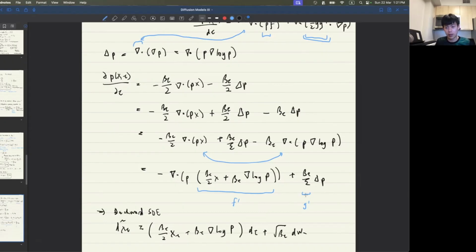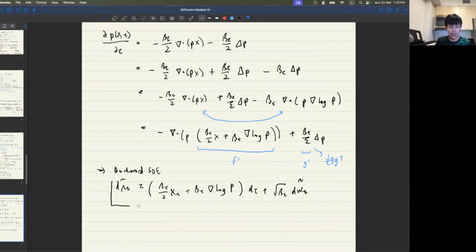Note that this term beta t over 2 is actually half g transpose. In particular, this g is the same as in our forward diffusion equation because we made it a square root beta t dw_t. I also just want to note here that this W_t is a different stochastic process than what we use to simulate the forward diffusion process. So I'm going to write it as W_t tilde. That's very nice. We got the backward SDE.